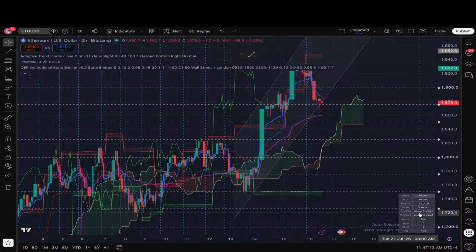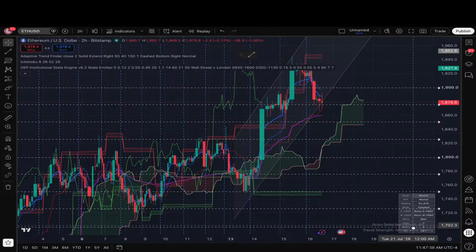It tells you the value of the day, that the asset's price per day is below the value that it should or could be trading at. It tells you the weekly value of the price. It tells you the micro state of the market. And right now, under the 2 hour, it's currently in a bear state.